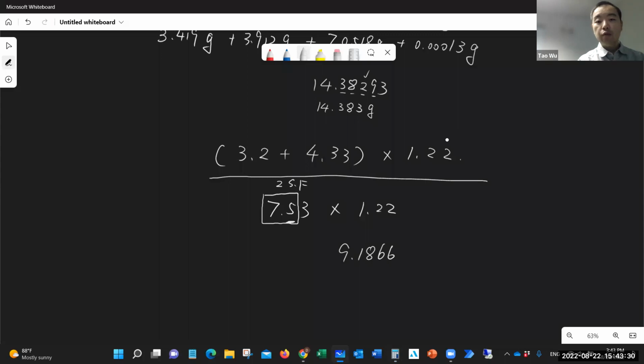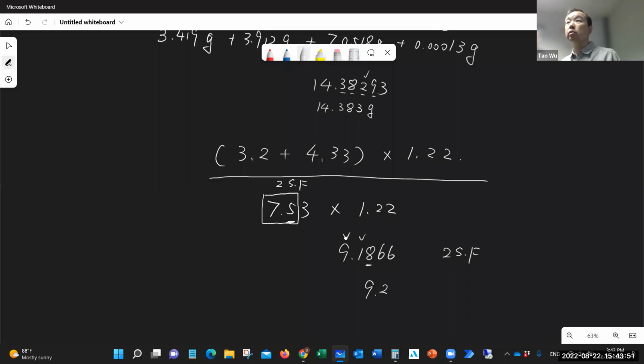So this guy has 2 sig figs, this guy has 3 sig figs. So eventually we're going to keep 2 sig figs for the final answer. Then that's going to be 1, 2, and then you look at the next one, which is 8. So the final answer will be 9.2.